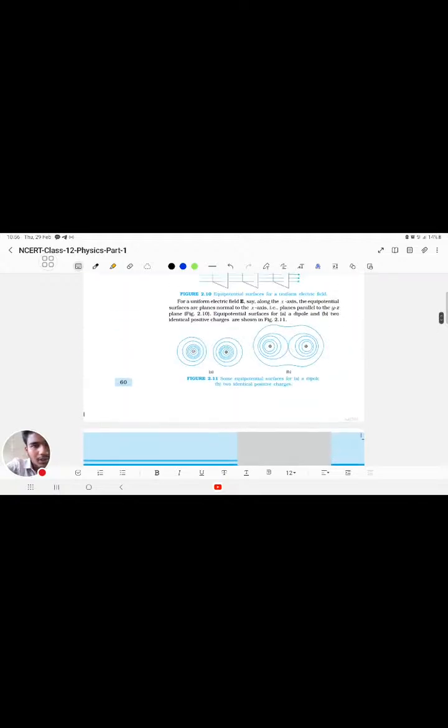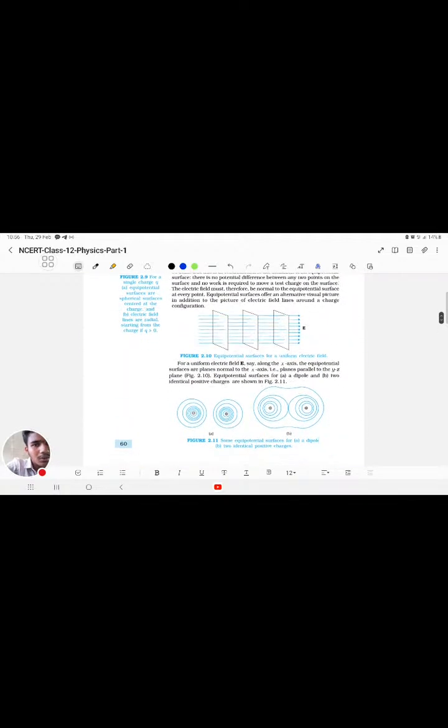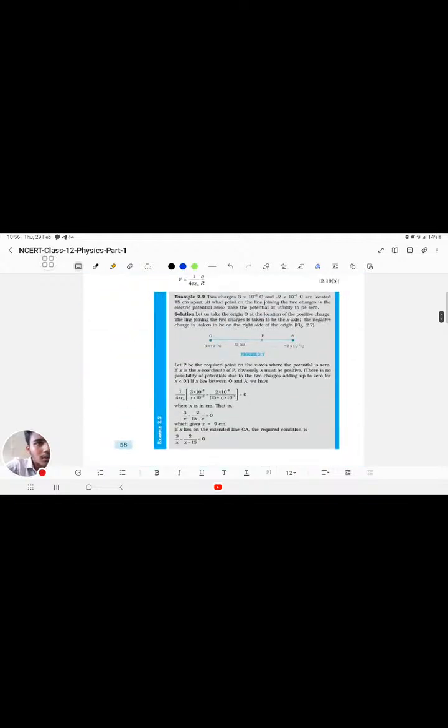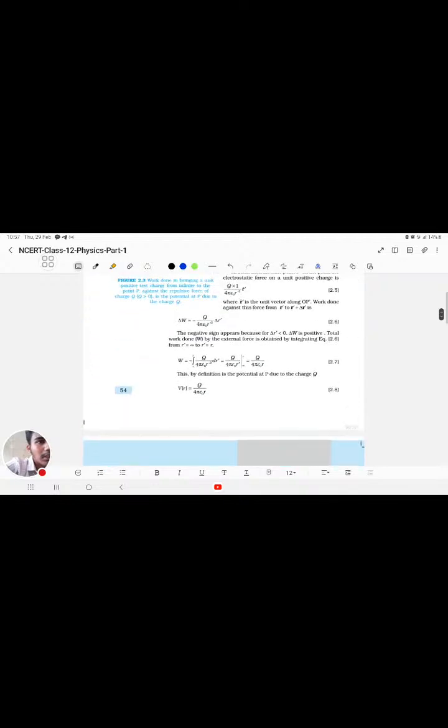Yes, that is fine. But do we have a concordance between potential and... wait a second, let me just once check. Potential due to a system of charges. Okay, in that particular position will be the summation. Yes, okay, that is fine. Okay, I think we had it over here.